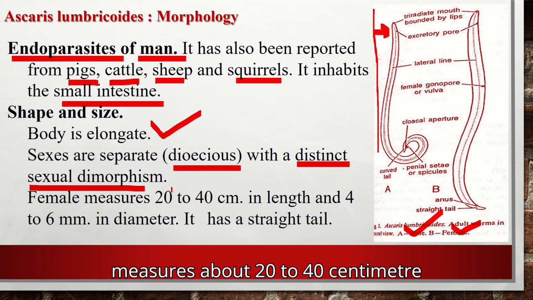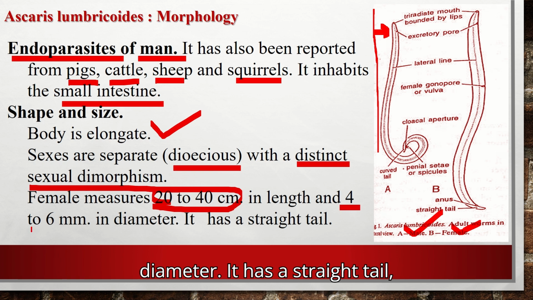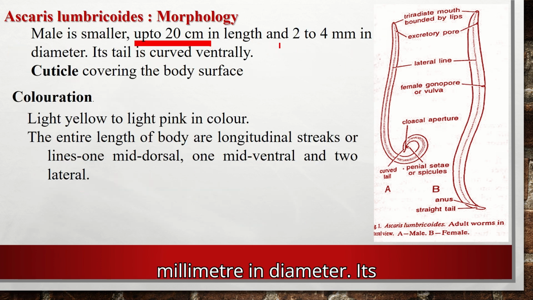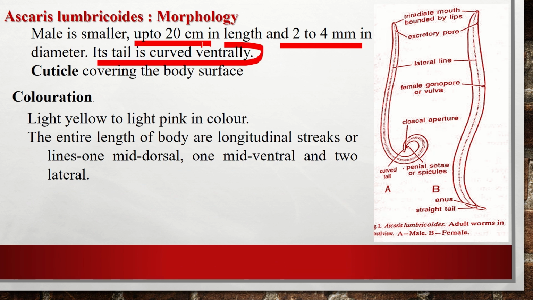The female measures about 20 to 40 centimeters and 4 to 6 millimeters in diameter. It has a straight tail, while the male is smaller, up to 20 centimeters in length and 2 to 4 millimeters in diameter. Its tail is curved ventrally. That is, the tail of the male is curved.